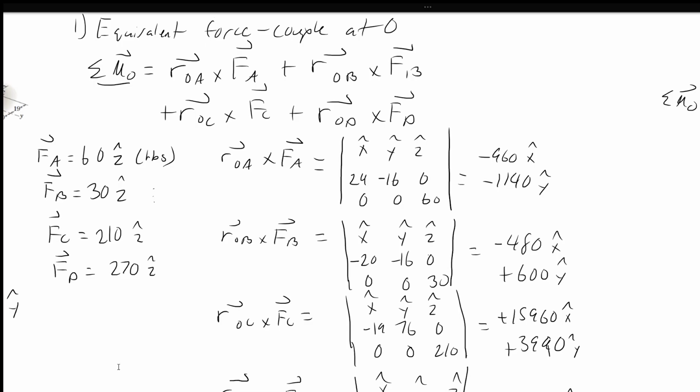Okay. Minus 960, minus 480, plus 15,960, plus 21,600. So, you are 36,120 in the x direction. No, MATLAB, where'd you go? Don't you walk out on me, MATLAB.